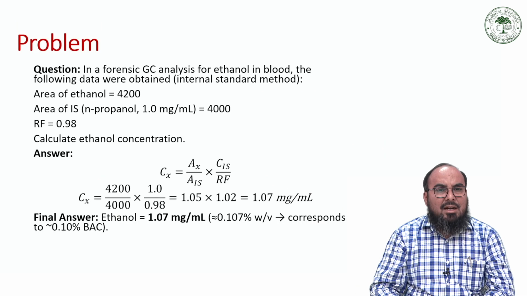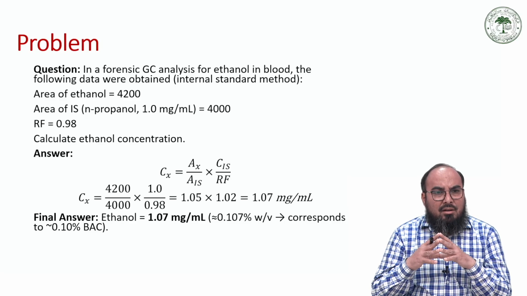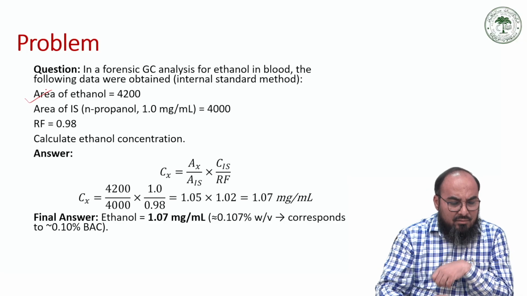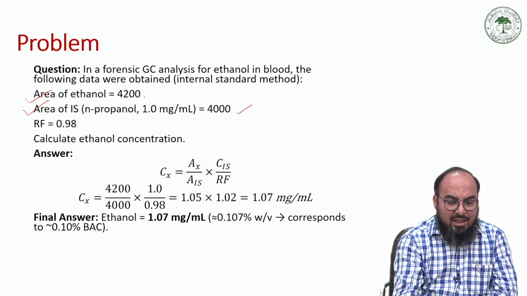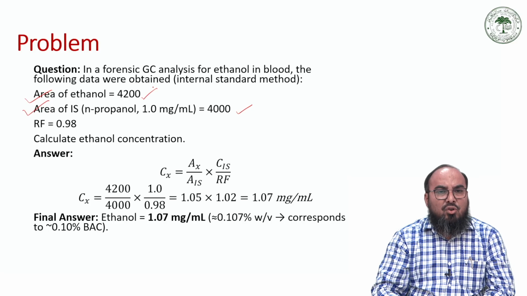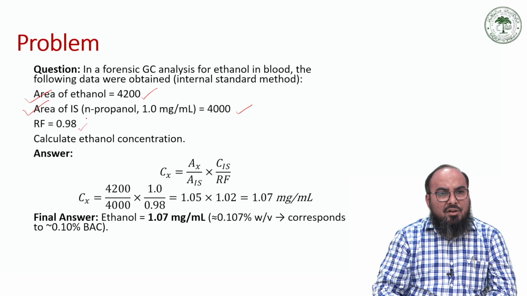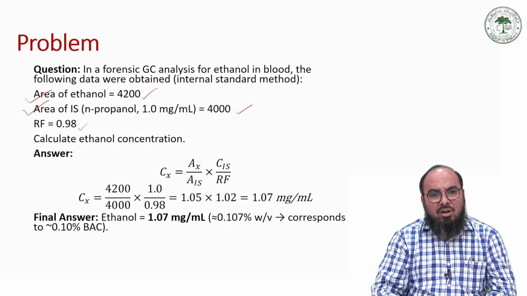Another problem: in a forensic analysis of GC for ethanol in blood, the following data is obtained. The area of the internal standard is 4000, the area of your analyte is 4200, and the response factor is 0.98. So you have to calculate the concentration of your analyte, which is ethanol in this case.